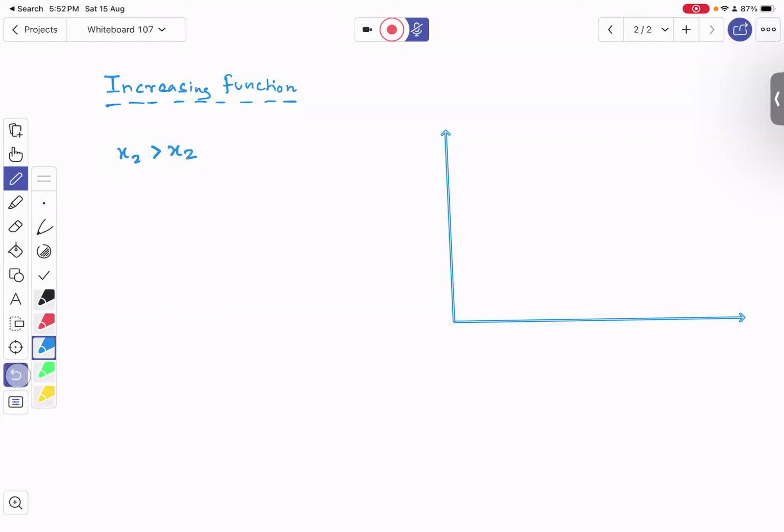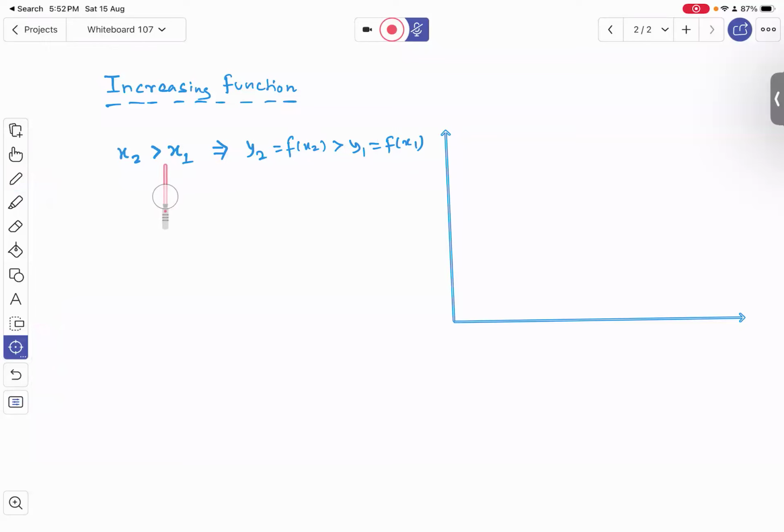And what we find, the output of the function at input x2, we call it y2, which is f of x2, is bigger than y1, which is the output when the input is x1. So for every such value from a certain region selected, such that one is bigger than another, the output for the bigger one must be bigger than the output for the smaller one.